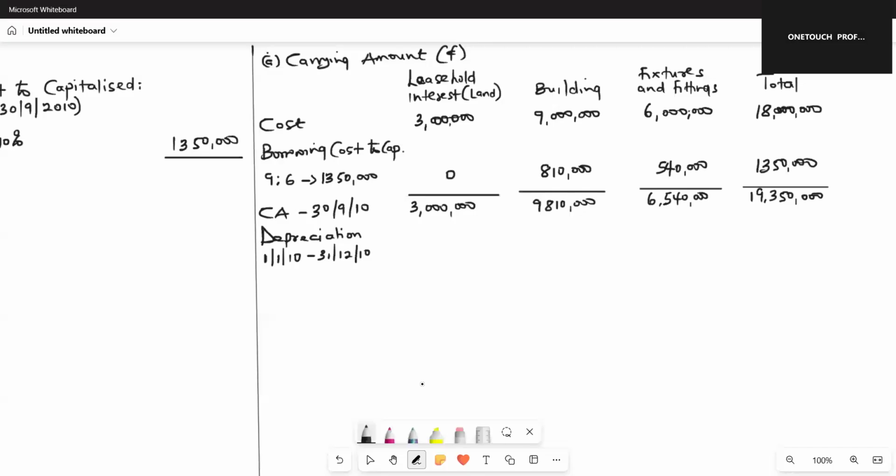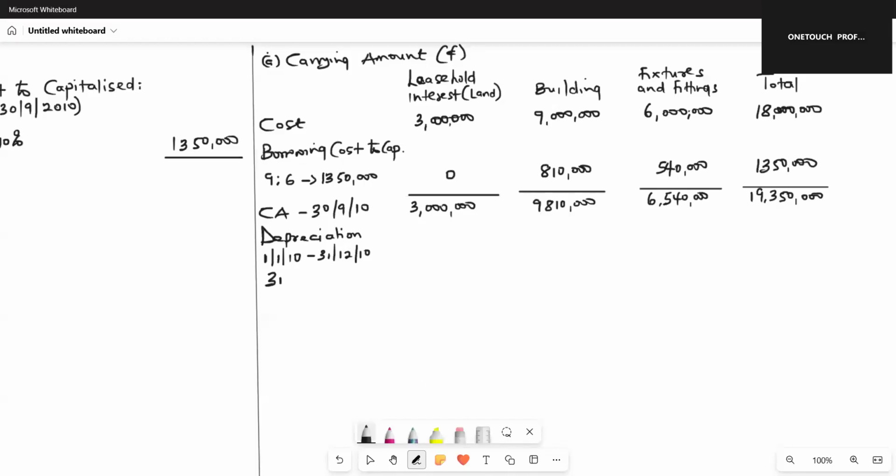But the building and fixtures were ready for use on 30th September, so that's when their depreciation will start. So once we depreciate building and fixtures for 4 months, land will be 1 year. Is that clear? You see that they have tricked you on depreciation too.